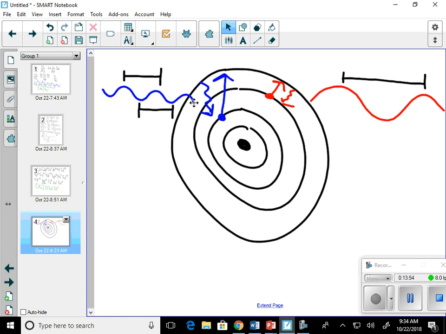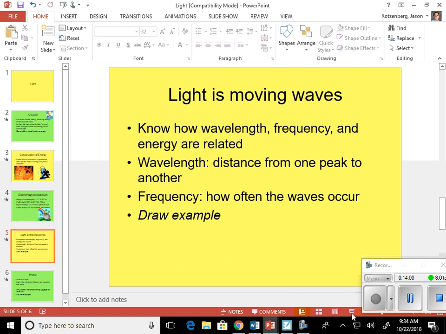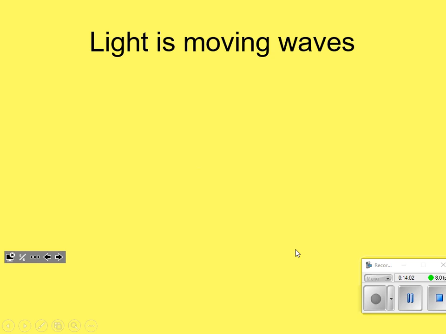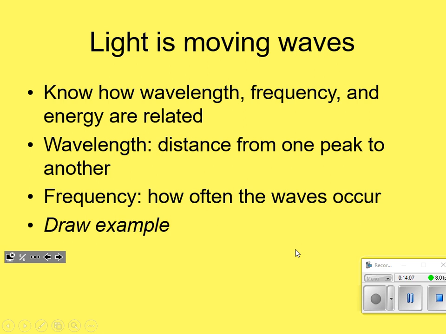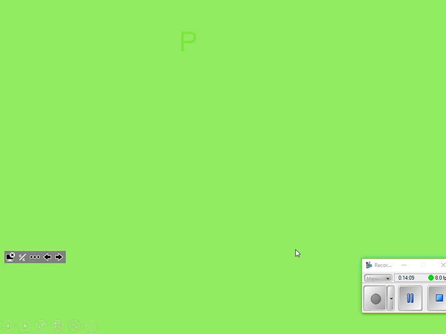I have one more slide to finish up. Unfortunately for you guys, we went from things that I thought were kind of easy, you know, metric conversions and conservation of mass, to complicated things like this electron stuff that we've been doing the last 2 days. And light is actually a little more complicated than just moving waves, because light also behaves like a particle.